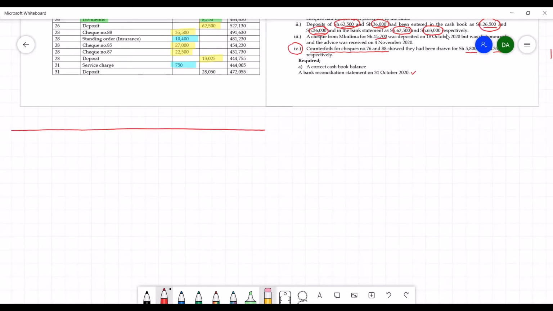In preparing the adjusted cash book, what we need to do is adjust the cash book with the items which are not appearing in the cash book but appear in the bank statement, by recording them so that they also appear in the cash book. We're also going to correct errors which have been committed in the cash book so that the cash book is correct. Now, this is the adjusted cash book.